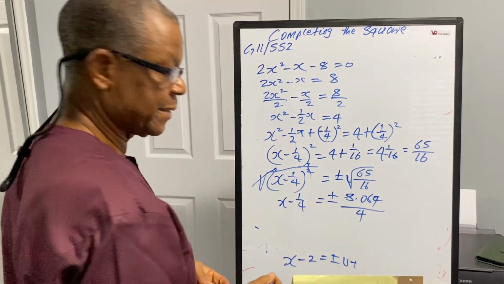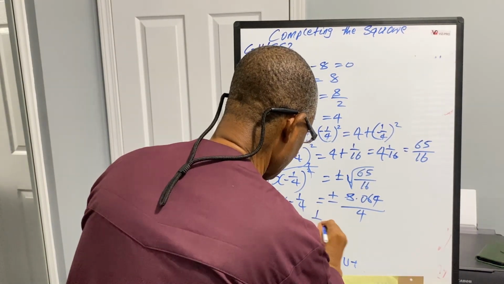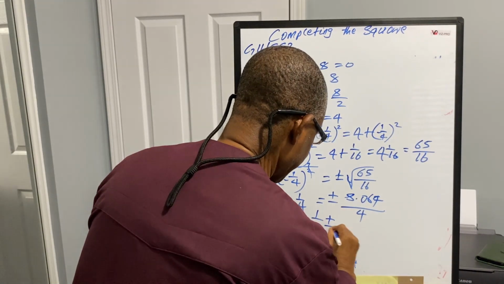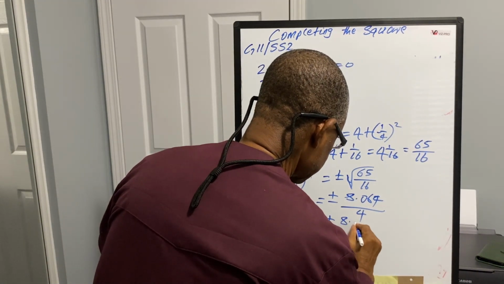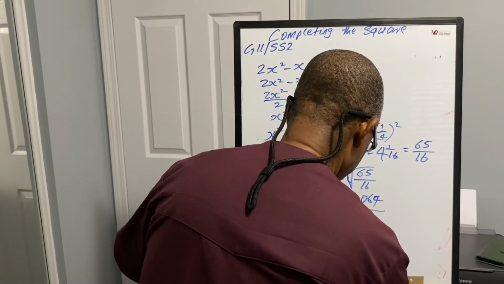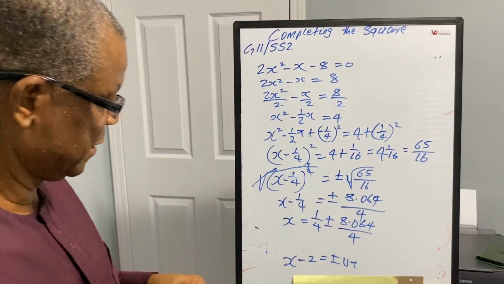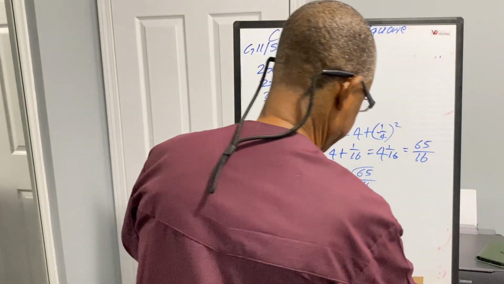So we collect the like terms together. X equals 1 over 4 plus or minus 8.062 over 4. The next thing is to separate the plus and minus sign.